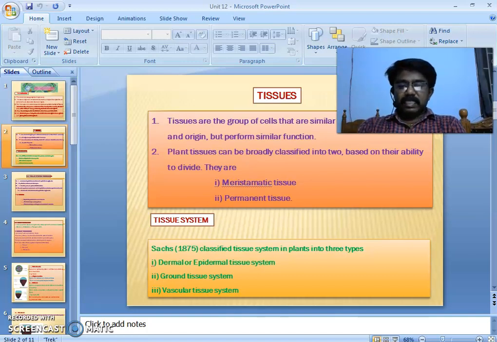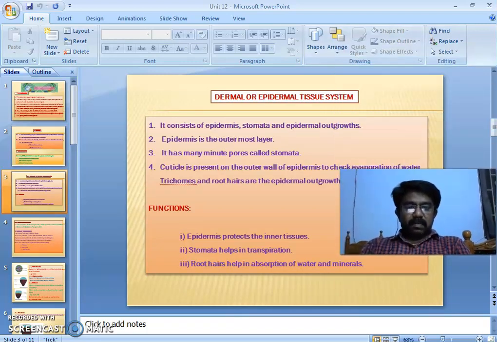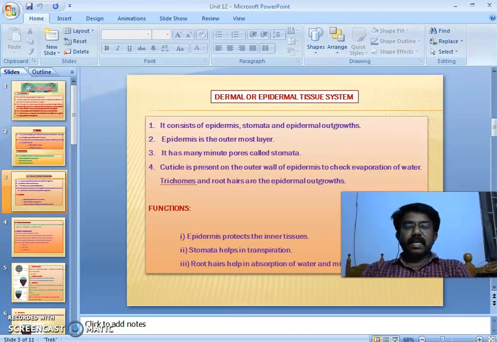First one is the terminal or epidermal tissue system, second is the ground tissue system, third one is the vascular tissue system, right? Now we are discussing the terminal or epidermal tissue system. It consists of the epidermis, stomata and epidermal outgrowths.